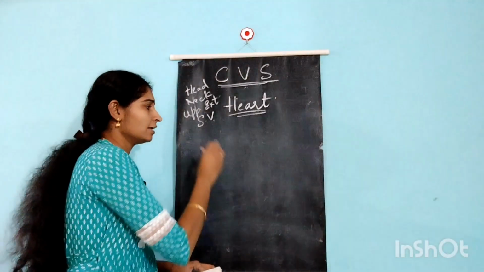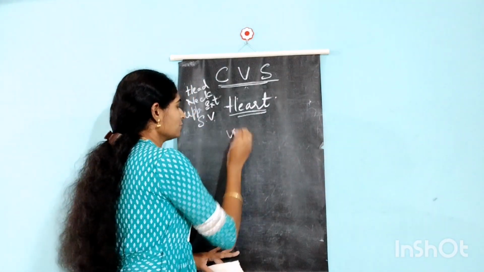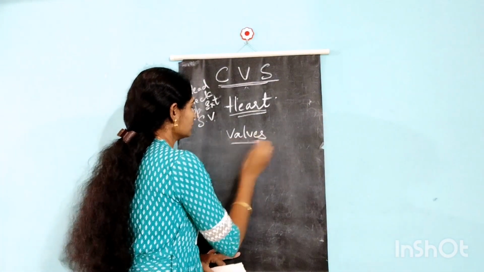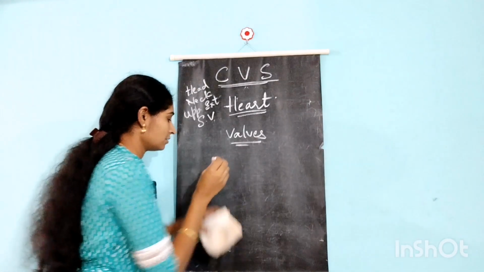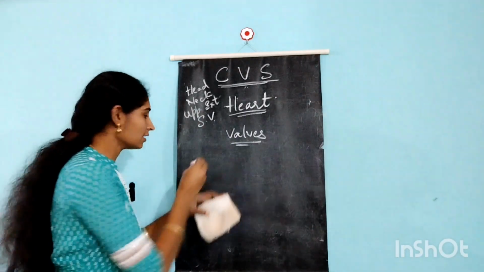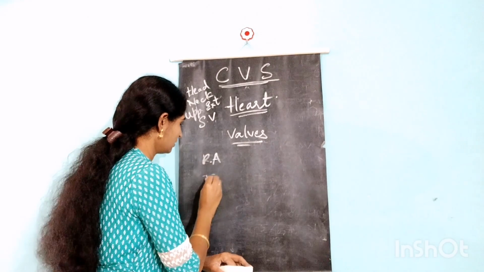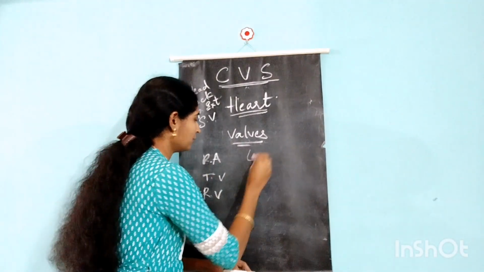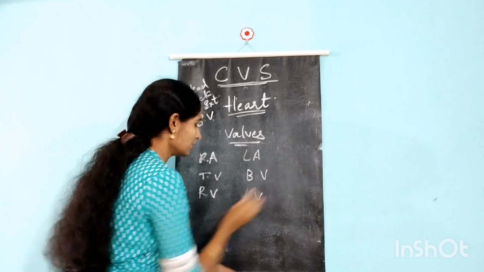So we completed the introduction and chambers. Now moving on to the valves. As we dealt with in the circulation, how many valves are there? The tricuspid valve is present between the right atrium and right ventricle. Then between the left atrium and left ventricle it was the bicuspid valve.